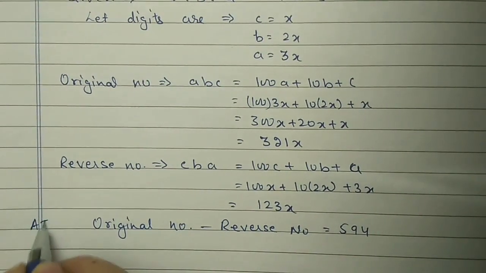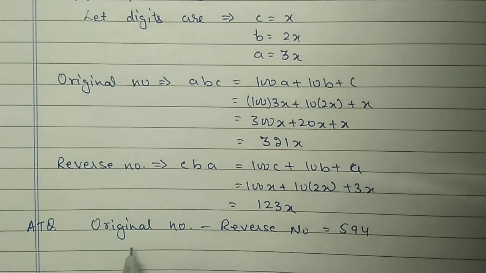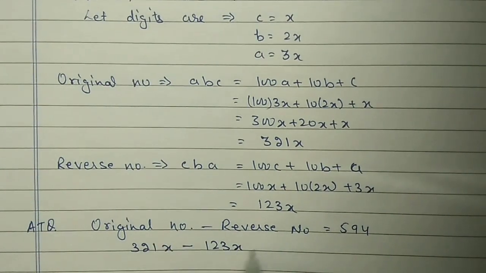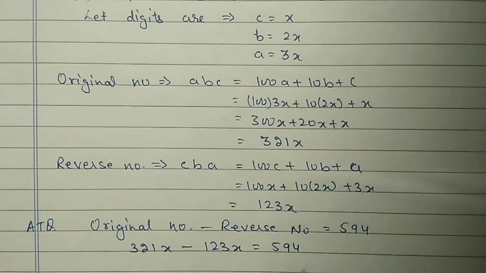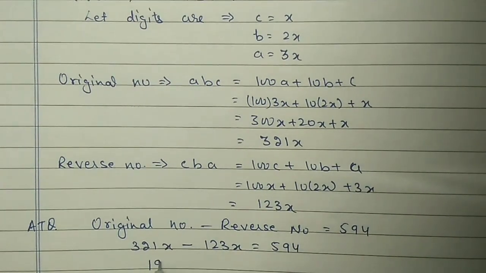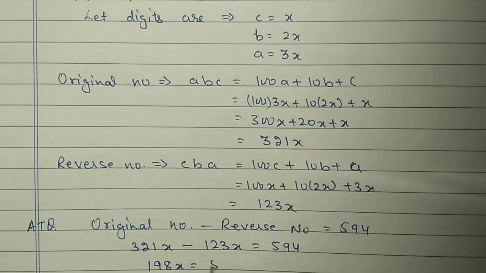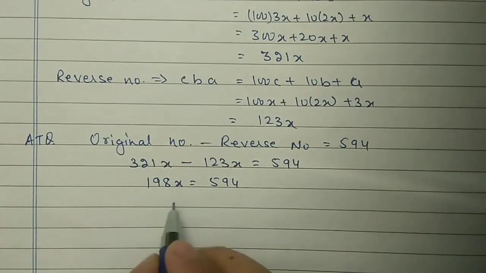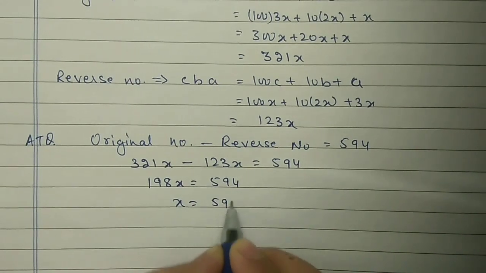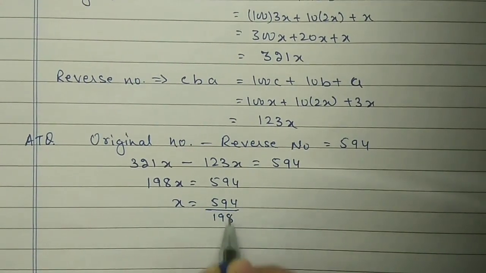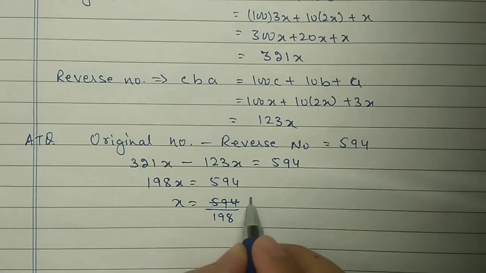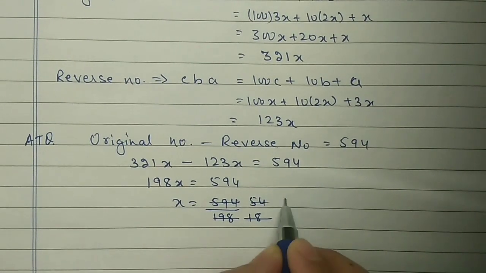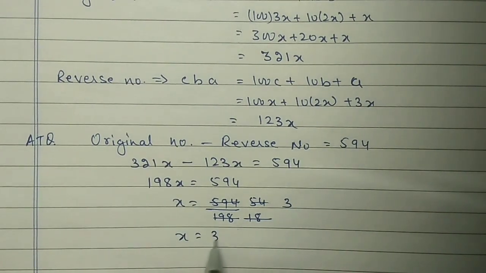So 321X minus 123X is equal to 594, and after subtraction we get 198X equal to 594. Shift this 198 to the other side, and we can cancel with the 11 table: 11 5s are 55... 198 divided by 11 is 18, and 594 divided by 11 is 54. Then 18 into 3 is 54. So the X value we got is 3.